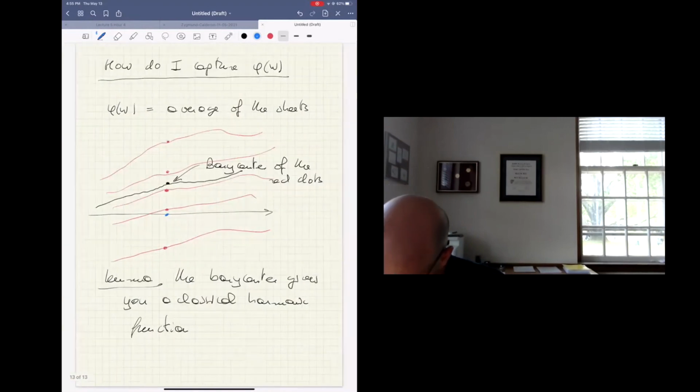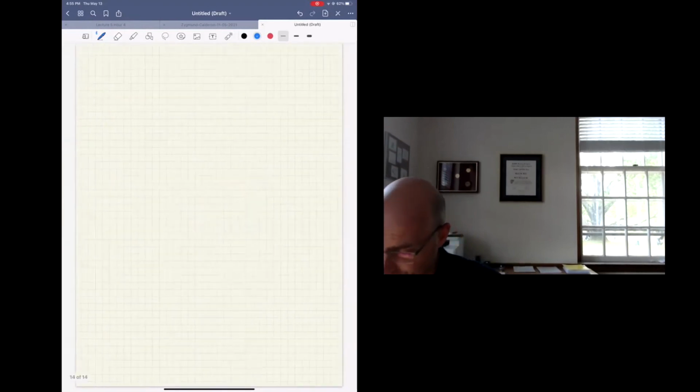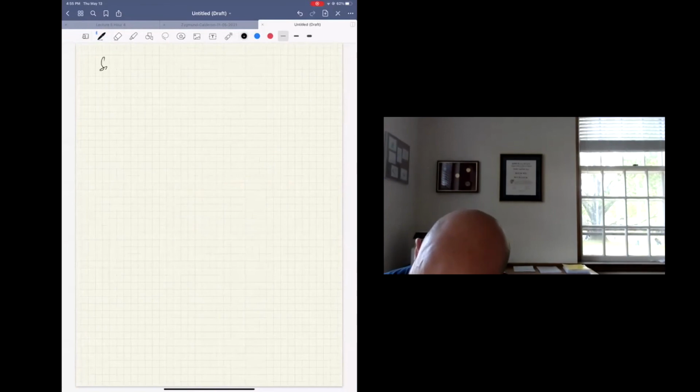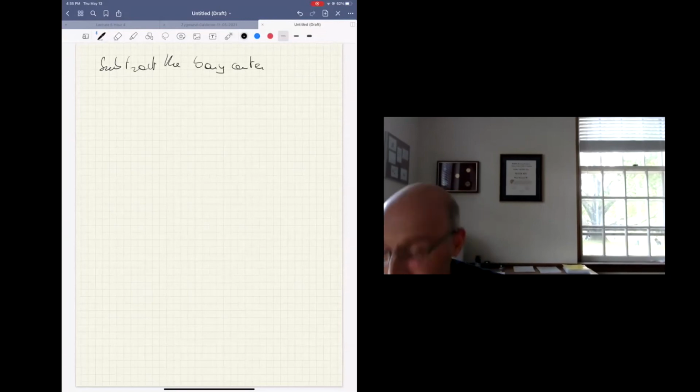So once you subtract this body center, this time the singularity is robust. You make the rescaling and you will actually capture the singular behavior.